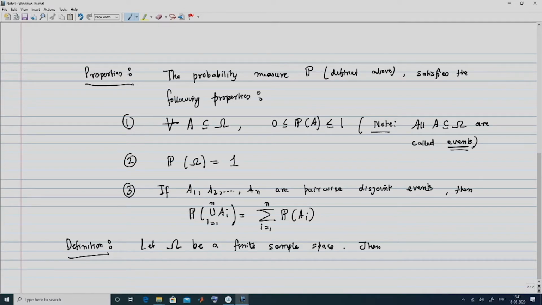Then, for all omega belonging to omega, that means each element of the sample space, the singleton event given by this omega is called an elementary event.